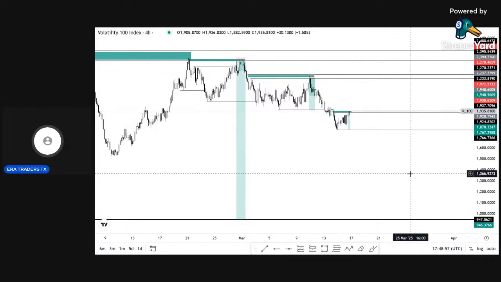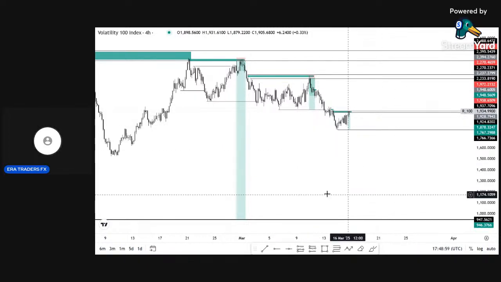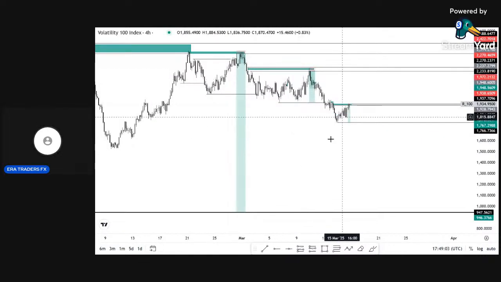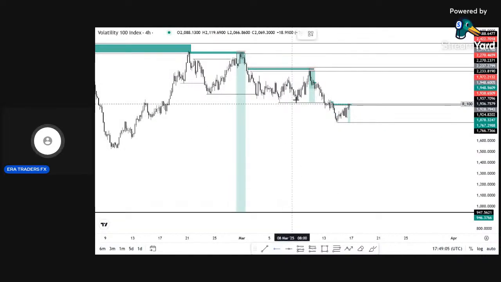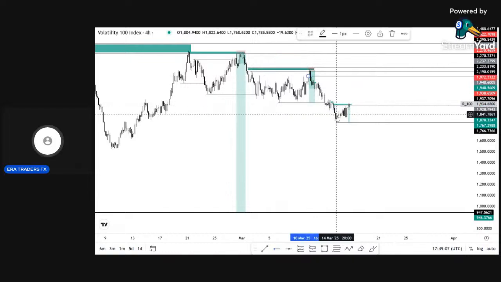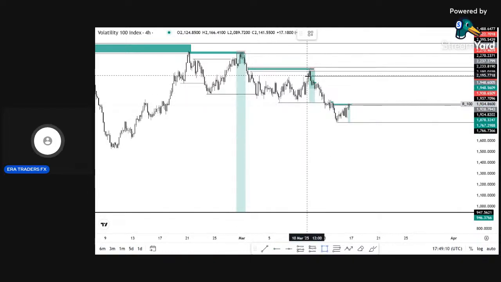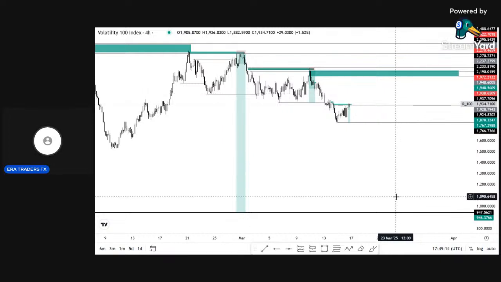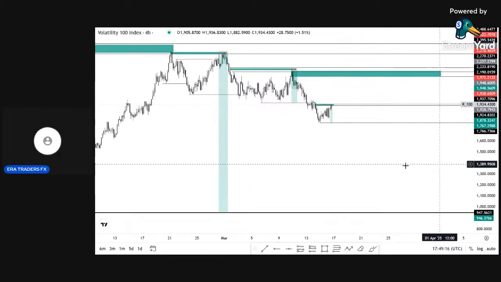So just look for sales. Although price might want to come back to this other block to continue the sell again, let's just keep our fingers crossed and see what is going to happen.